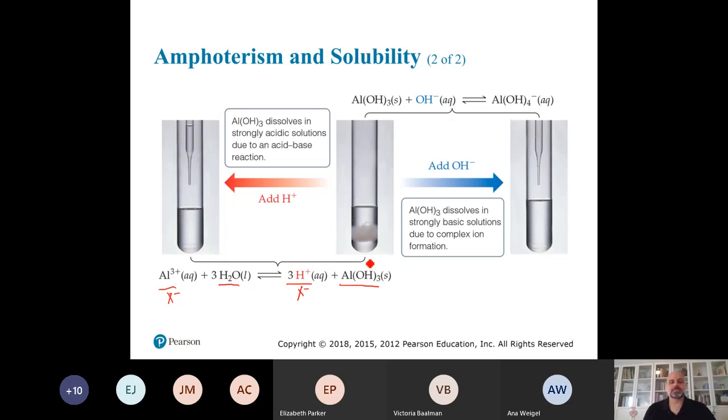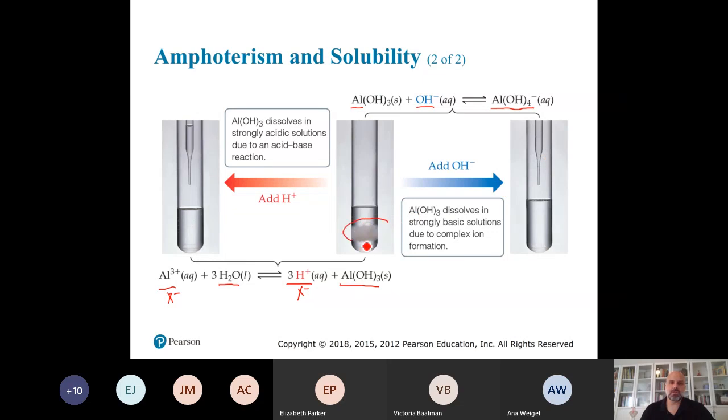So that makes sense. But what we're looking at here is if we go to the right, it also reacts with hydroxide ions, and it forms this complex ion. You see we form a complex ion, so the aluminum is able to react with one additional hydroxide ion to form this complex ion. And this is also going to dissolve the aluminum hydroxide, right?